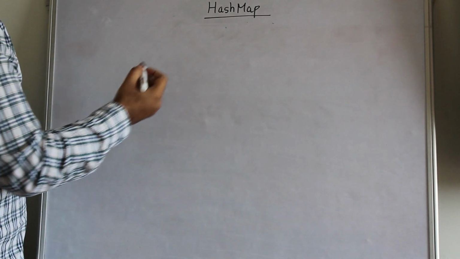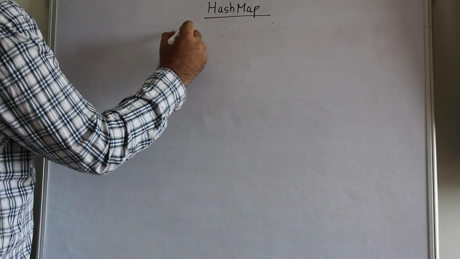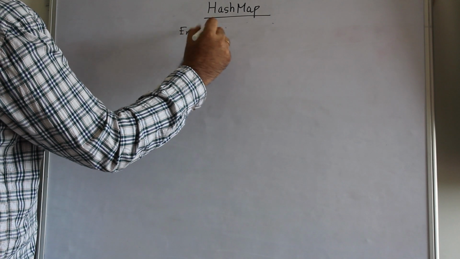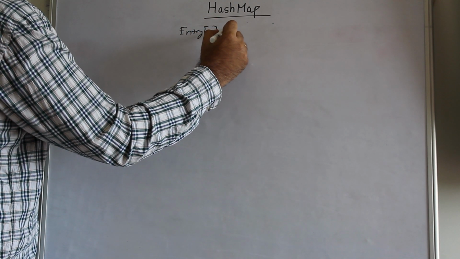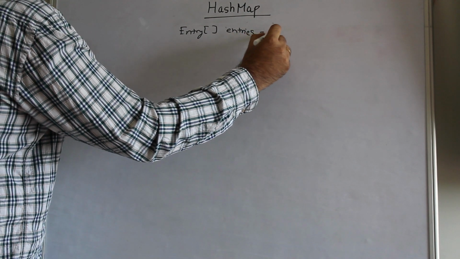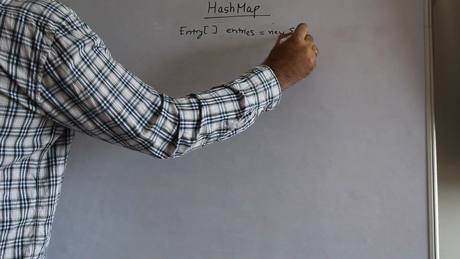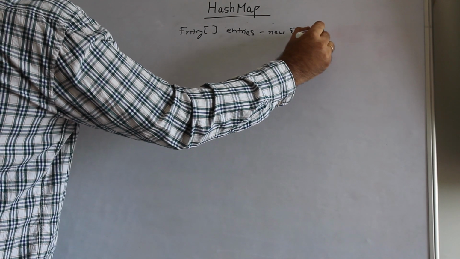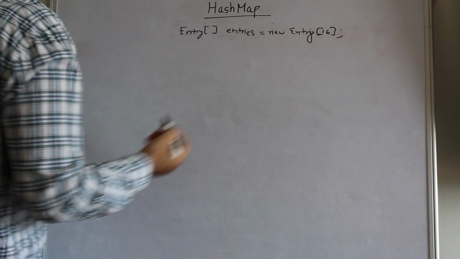So we will have some entry array called entries, and the default size of this array is 16 if we don't define anything.